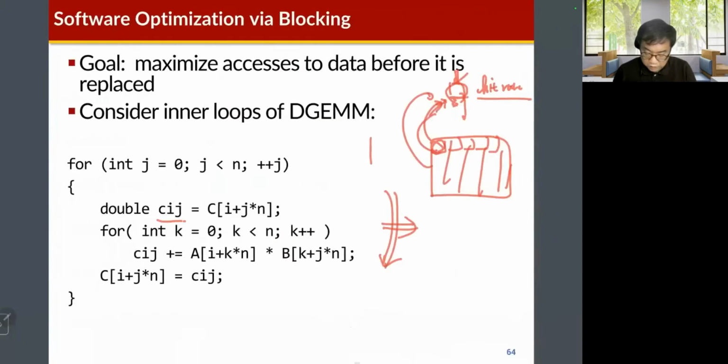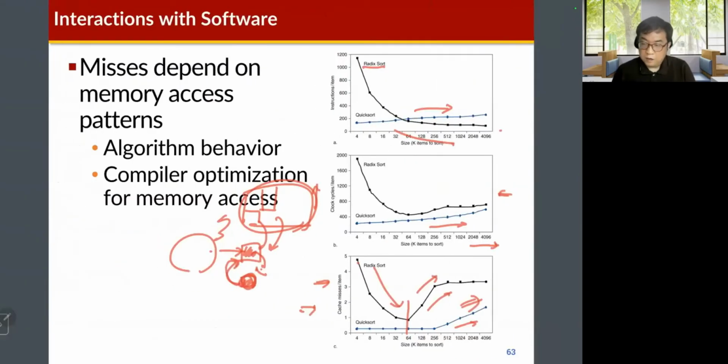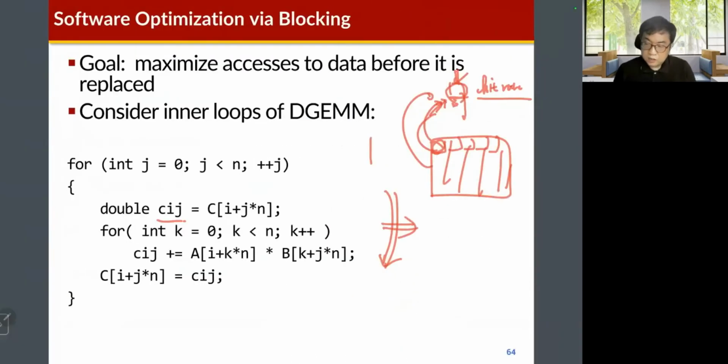Also, we learned how the algorithm and how the data is handled by software influences the performance of a computer system. We analyzed the performance of software in terms of the cache hierarchy. This is a very popular example that shows the performance influence from the cache hierarchy.